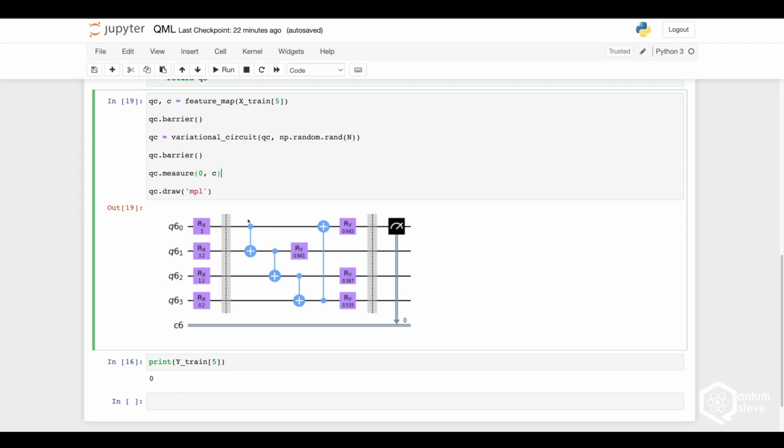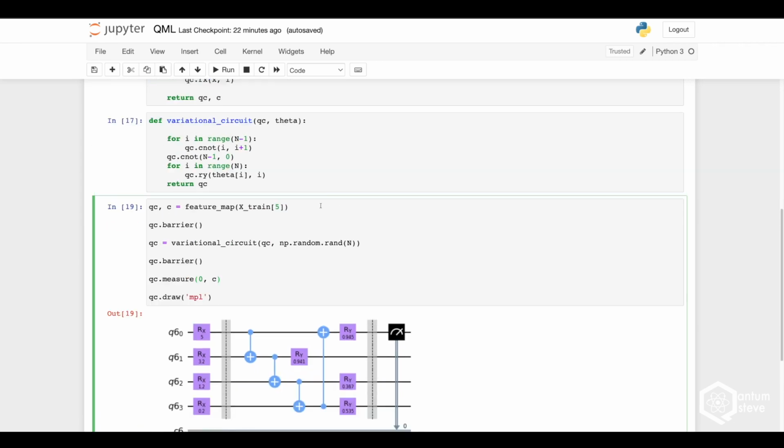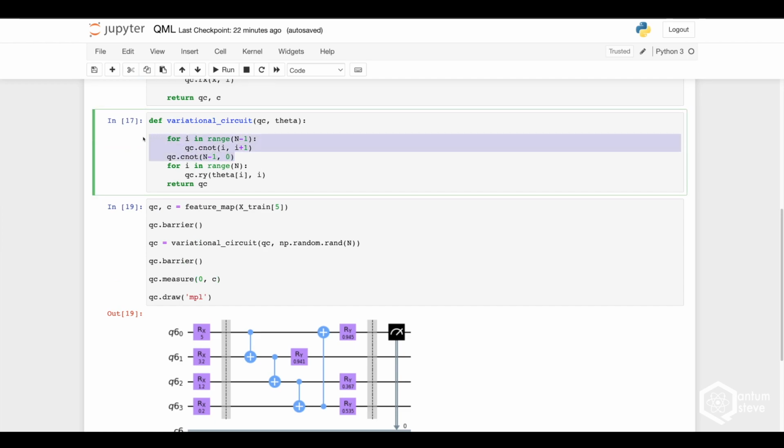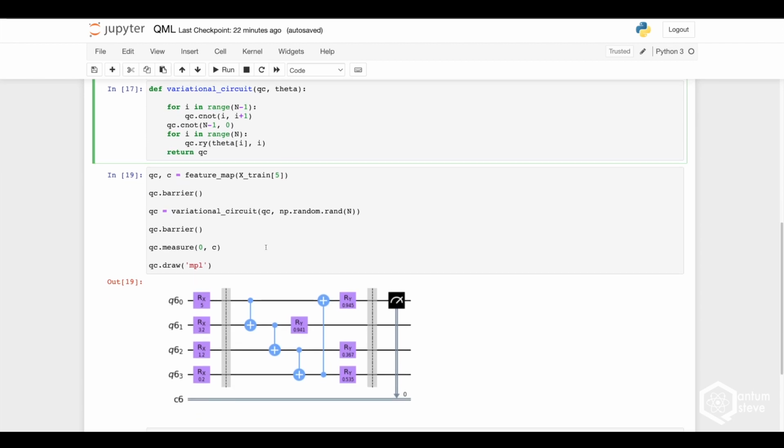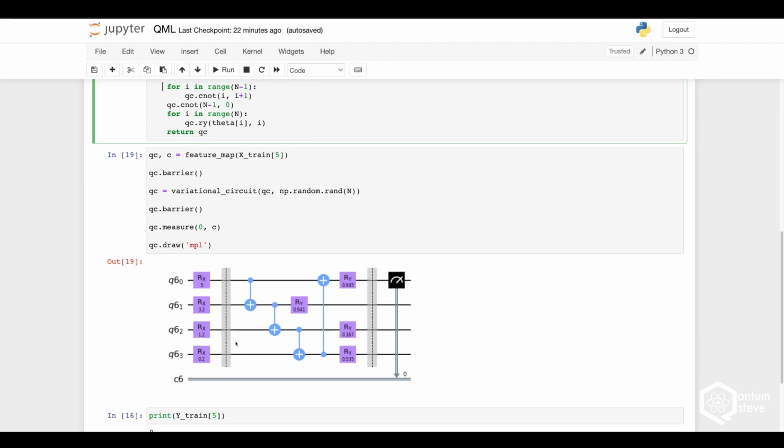And these other blue lines here are CNOT gates. These CNOT gates create entanglement, and so they essentially allow information to travel from one qubit to another. I'm measuring the 0th qubit, and so the CNOT gates allow the information from all the other qubits to also travel to that qubit, such that I only have to measure one qubit.